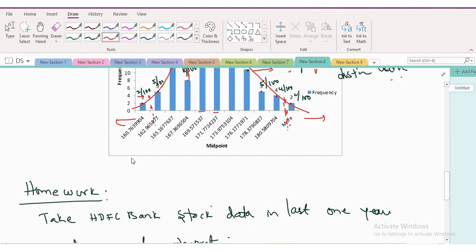Which is the best? Let's say I have data with 10 observations. Can you construct the histogram? It doesn't make any sense, right? Why? With only 10 observations, constructing the histogram doesn't make any sense. Let me give an example so that you understand. Take one cup of sand and throw it on the floor.